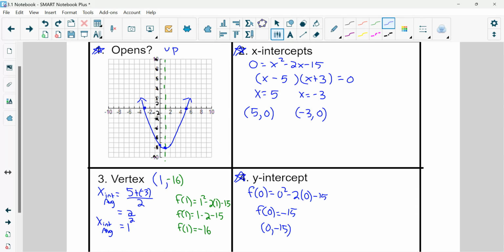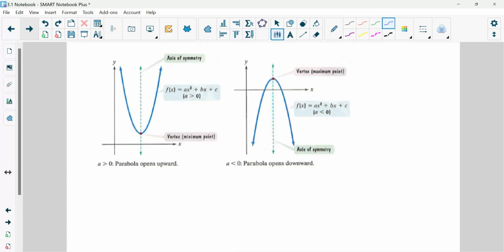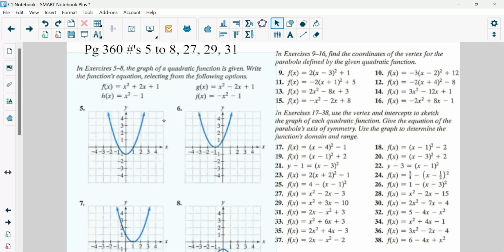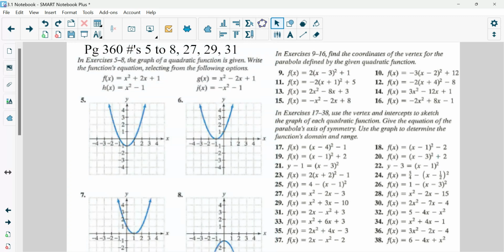All right, once you have that, we're going to start the homework. So I'll put that up in a moment. All right, so the homework is page 360, numbers 5 to 8, 27, 29, 31.